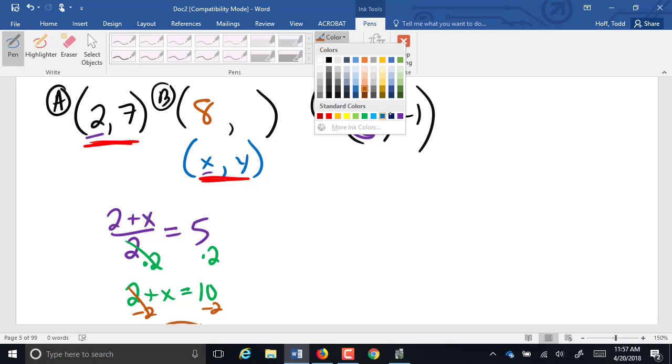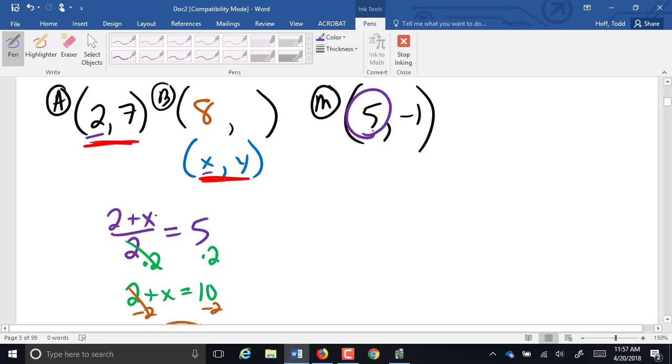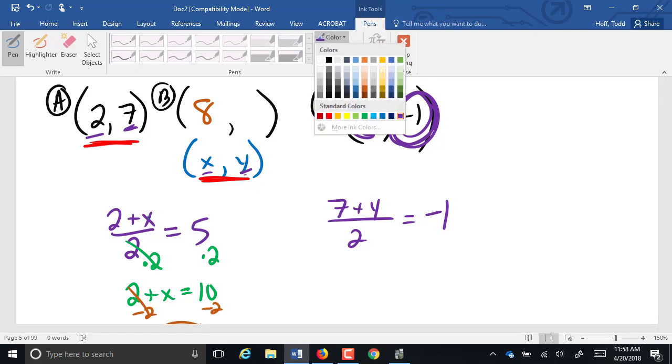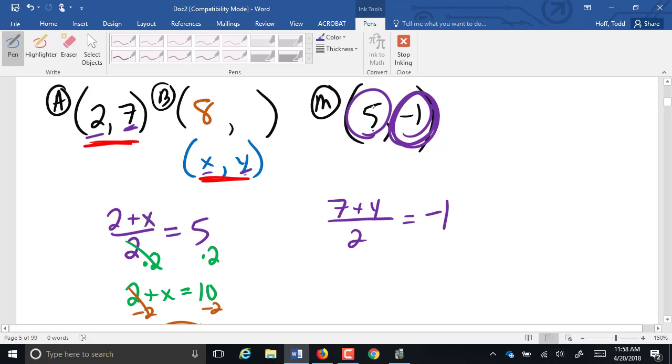Now we do the same thing for the y-coordinate. To find the midpoint, we would have taken the 2 y-coordinates of the endpoints. That would have been 7 plus y. Divided by 2 would give us the coordinate of the midpoint. Well, we know the y-coordinate of the midpoint is -1. So we'll put that in there and we will solve. First thing we have to do again is multiply by 2. So that eliminates the 2 there.